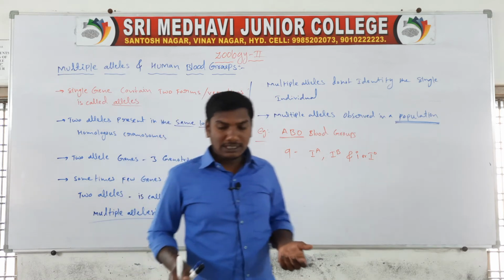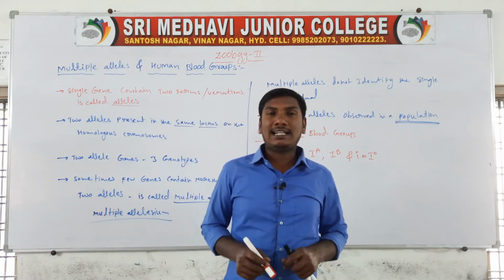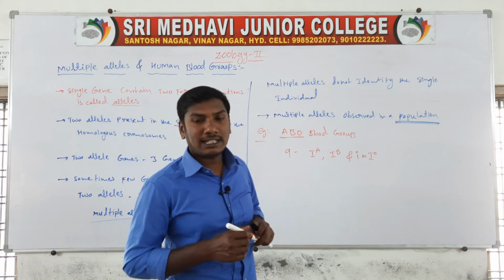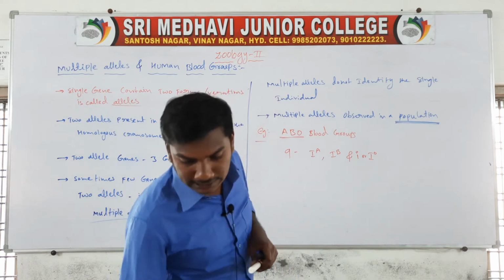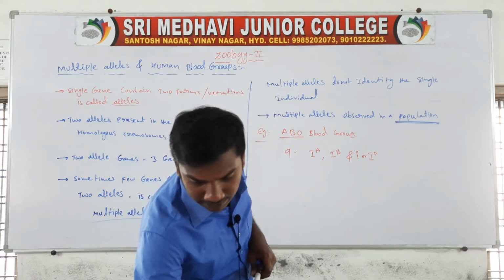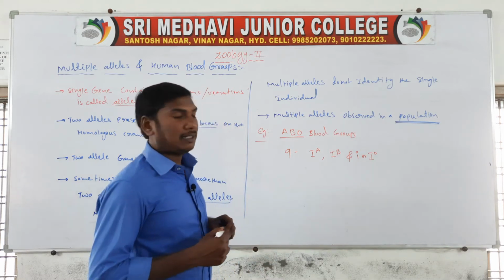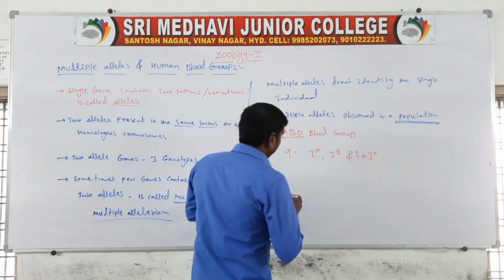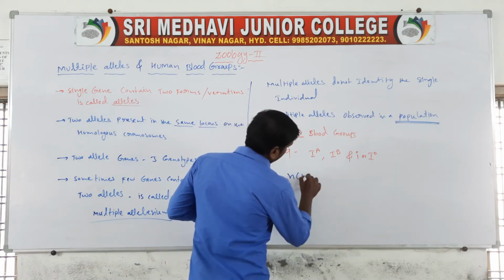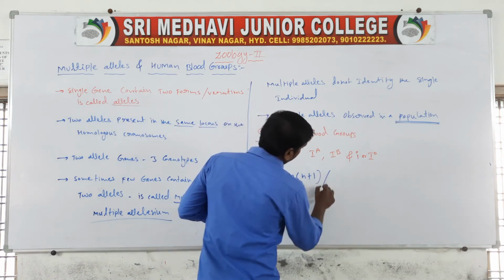Next, the number of genotypes of individuals that can occur with multiple alleles is given by the expression n into n plus 1 by 2.